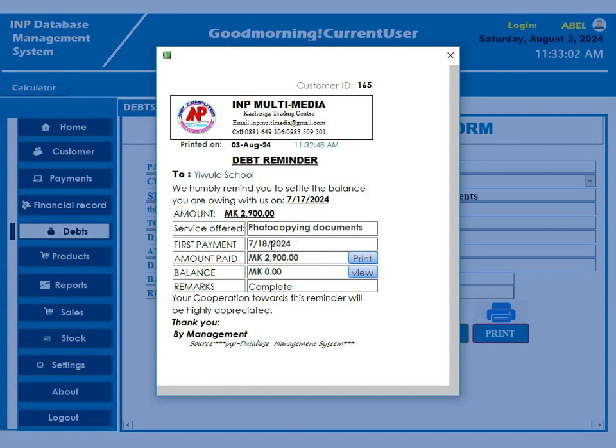Then this customer paid on 18th the total amount. That's 2,900, and he paid the whole amount, and the balance is 0. So what happens if the balance is 0? The remarks say it's complete. It means he has no balance with you. So that's how it is.